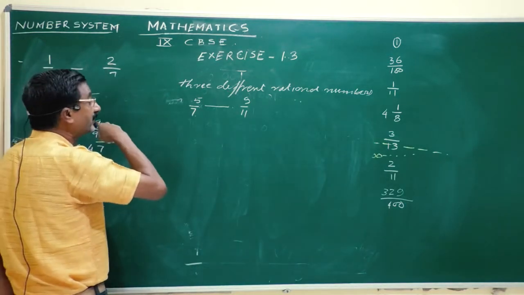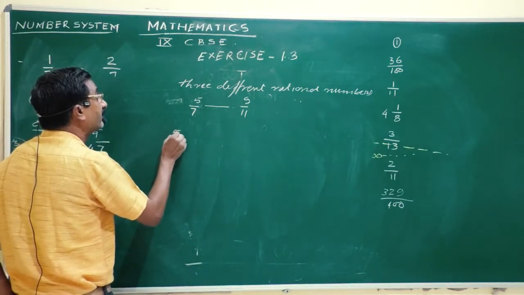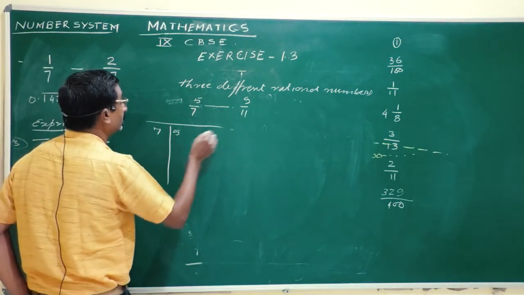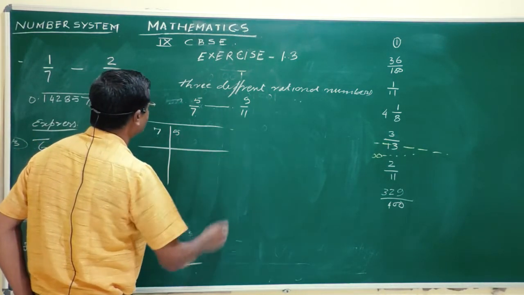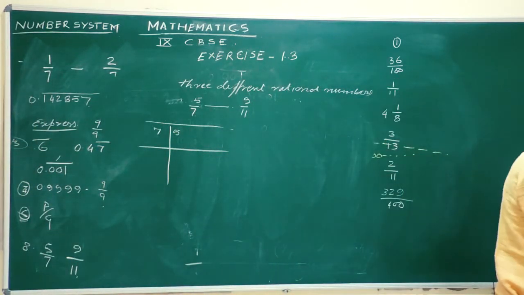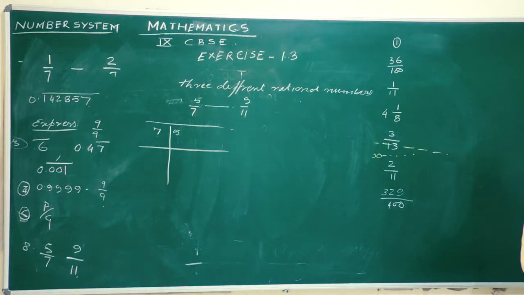So we will find out the decimal expansion of 5 by 7. So 5 divided by 7. I will see the remainder and then write down the value.